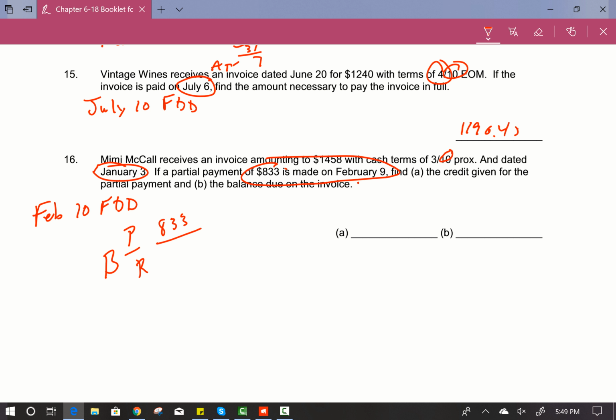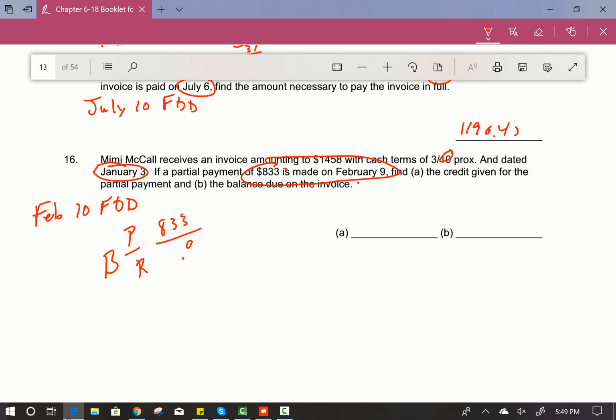I cannot use 3% because I'm not wanting to find the amount of the discount that we're going to get for the $8.33. I want to find out how much credit we're going to apply to the $8.33. So I have to use the complement of 3%, which is 0.97. That means that the base, or the amount of credit we're going to apply to the account, is $8.33 divided by 0.97, and that equals $8.58.